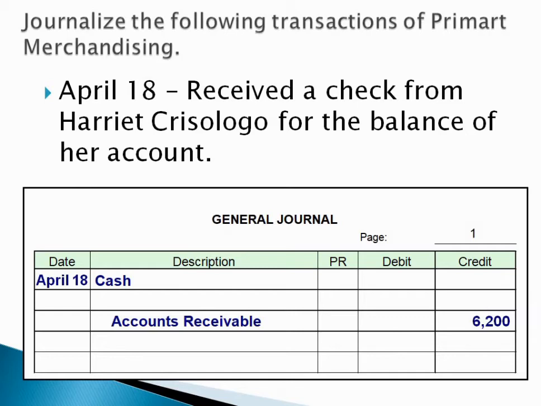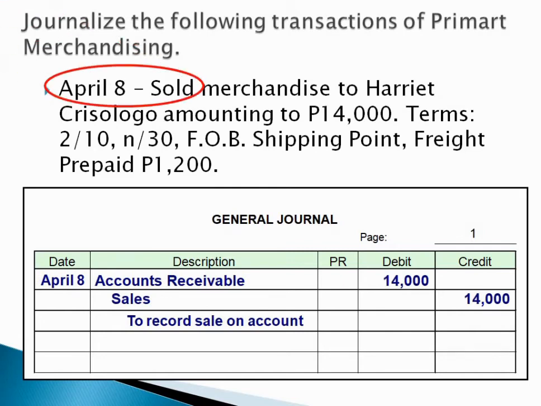The next question we need to answer is, was Harriet entitled to the cash discount? When did she purchase the goods from Primark? April 8. What's the discount period? 10 days. Count 10 days from April 8. April 18 was the last day of the discount period.